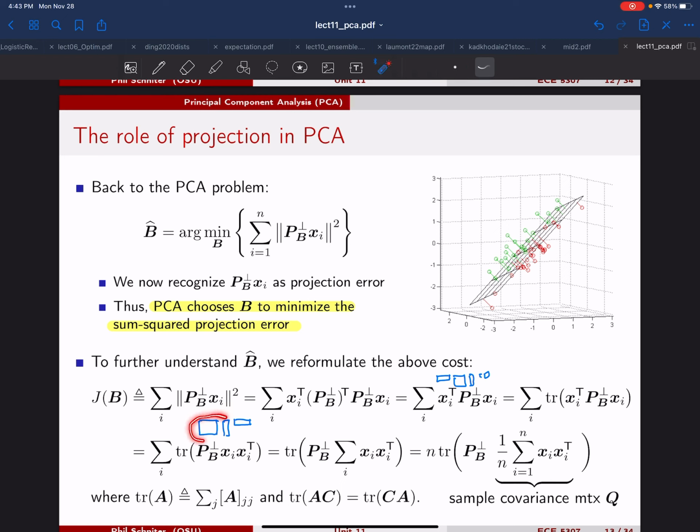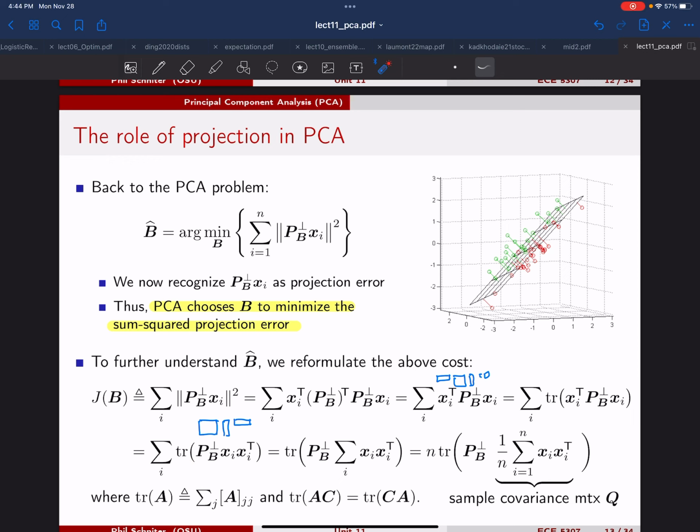But the sum of the diagonal elements of that matrix is the same as this number, or the sum of the diagonal elements in this little scalar matrix. Okay, and the reason we did this is the trace is a linear operation, which means we can move the sum through it.